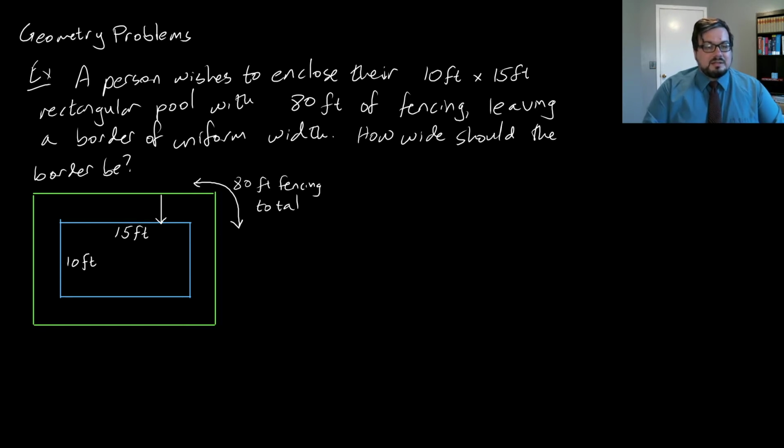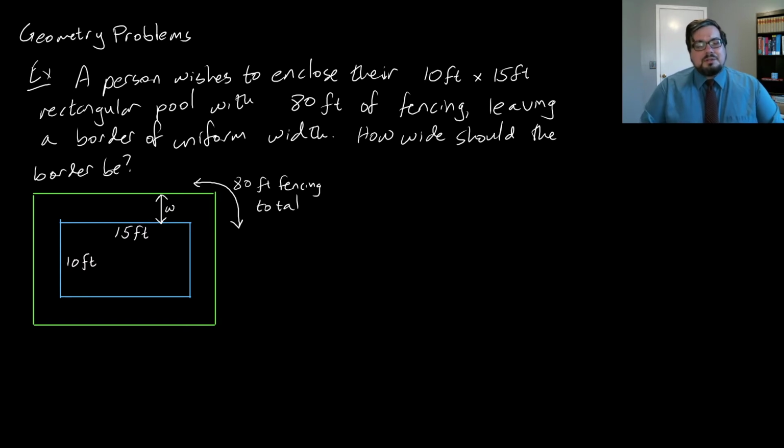And because that's what we're trying to find, that's exactly the sort of thing that we want to give a variable name to. Now in this case, I'll go ahead and use W, W for width. A lot of times using a letter that reminds you of what it means is helpful.